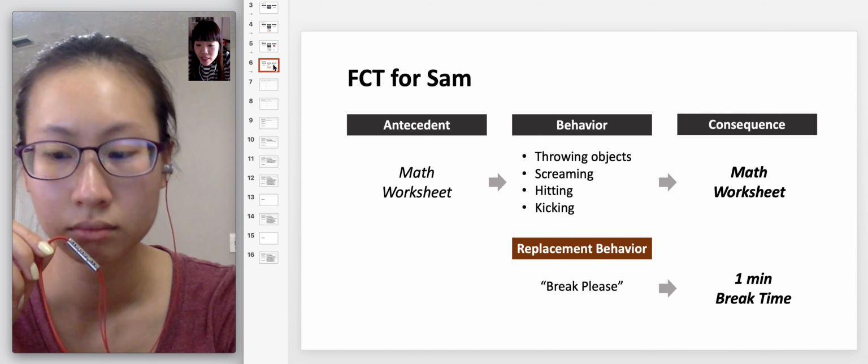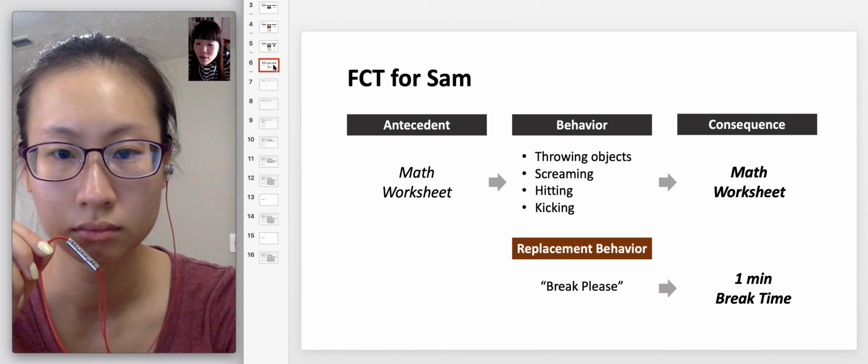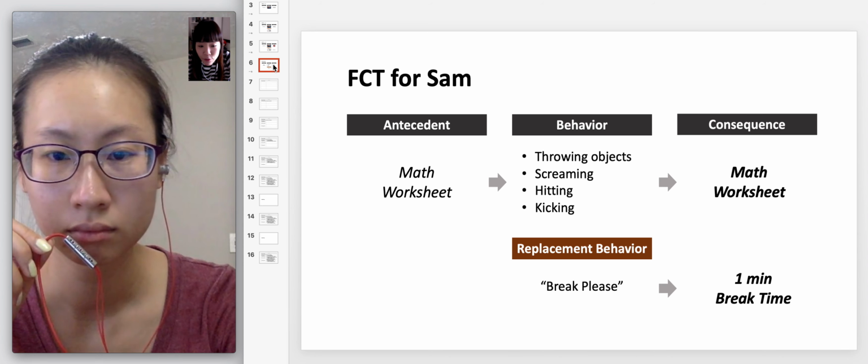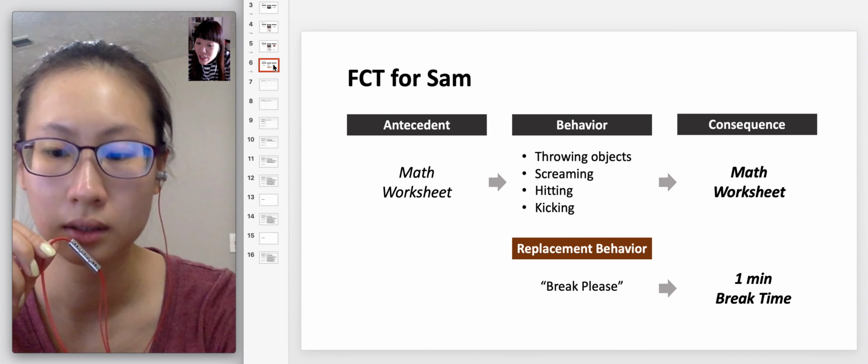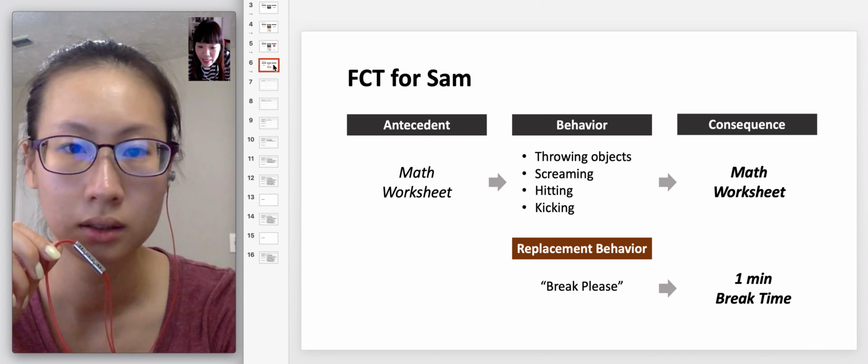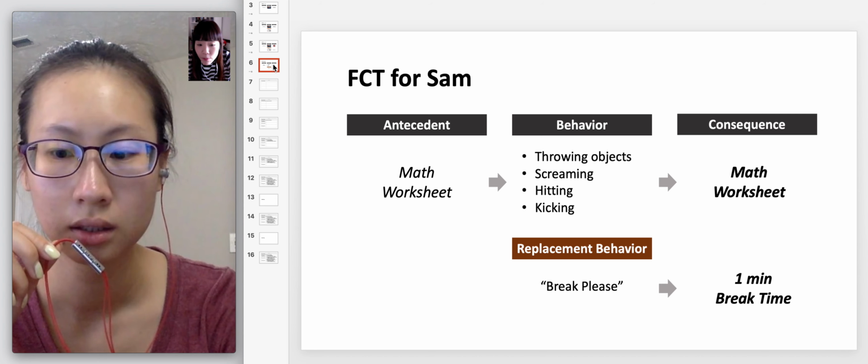Based on the FBA result, we concluded that Sam engages in challenging behaviors such as throwing objects, screaming, hitting, and kicking to escape from his math worksheets. During FCT, we will teach him how to ask for a break time in a socially appropriate way.